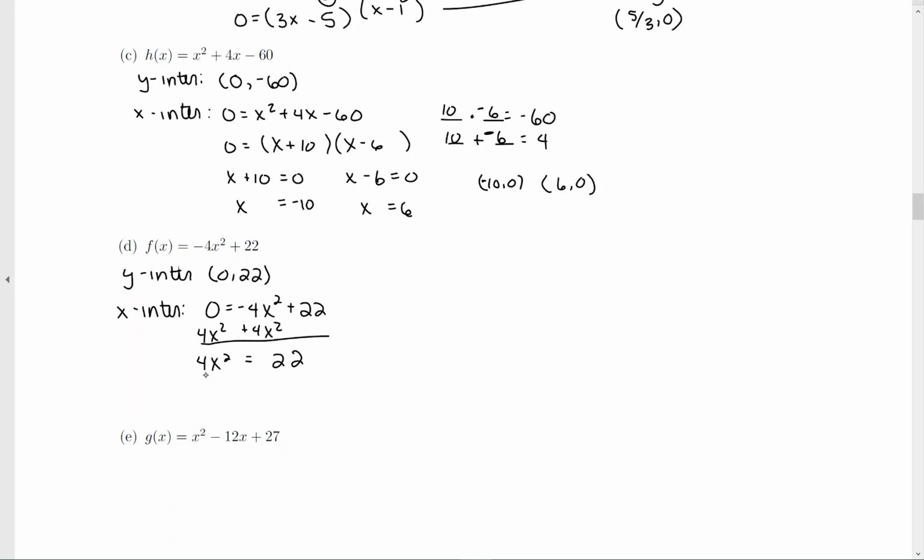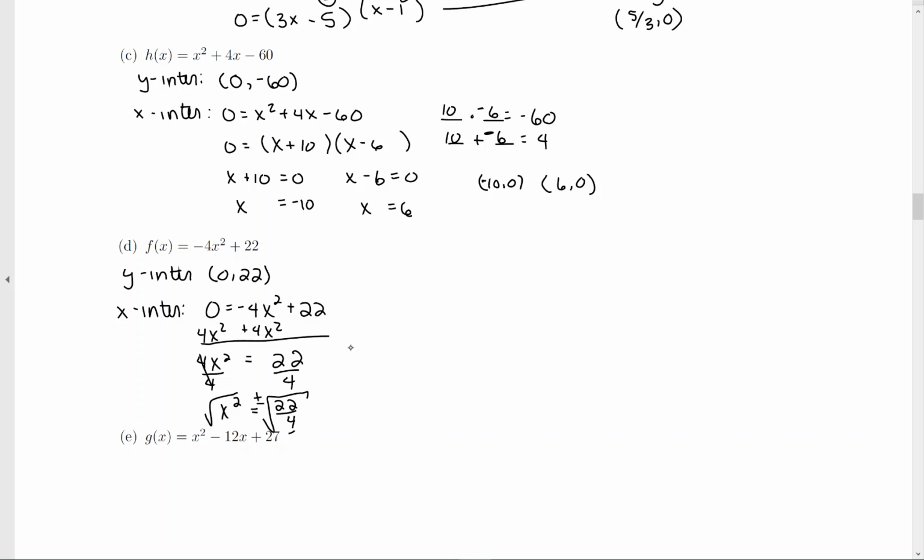Finish getting the x by itself by dividing both sides by 4. So I have x squared equals 22/4. Don't change it to a decimal, just leave it as it is right here, but take the square root to both sides of the equation, putting in your plus or minus.